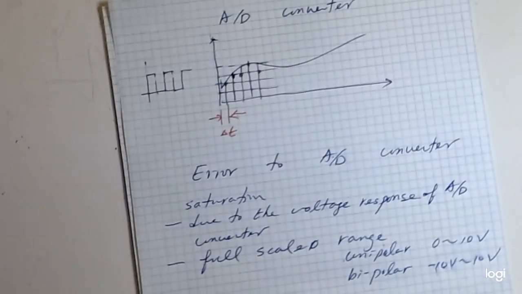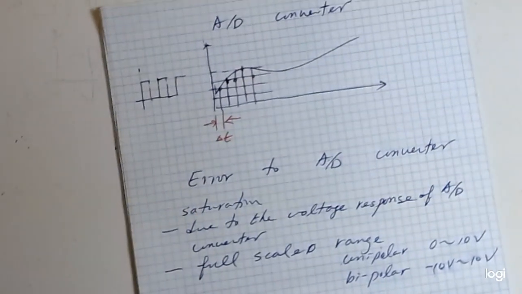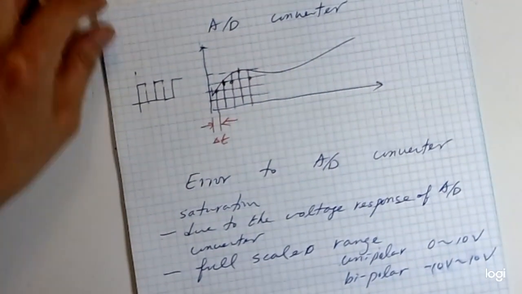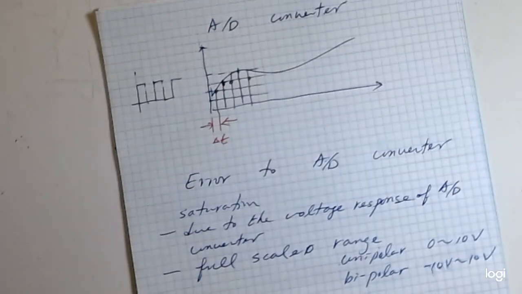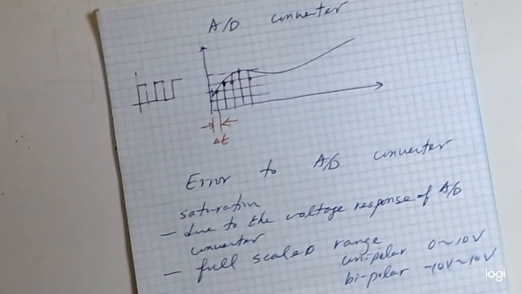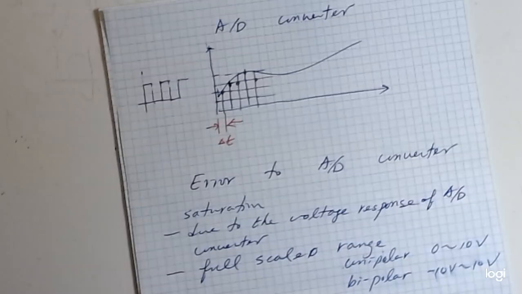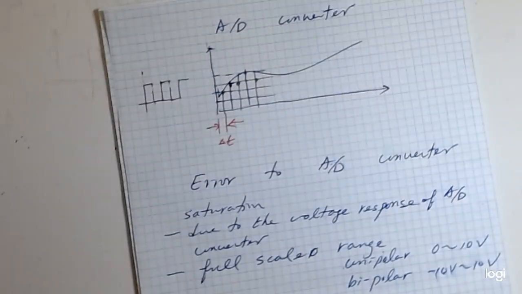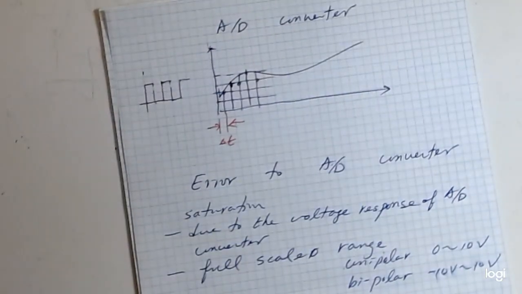For example, if the converter has a certain voltage range and the signal is 15 volt, obviously you will saturate above this range. Or in some situations you might have AC along with DC signals.